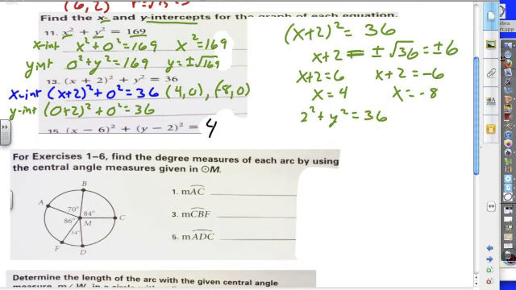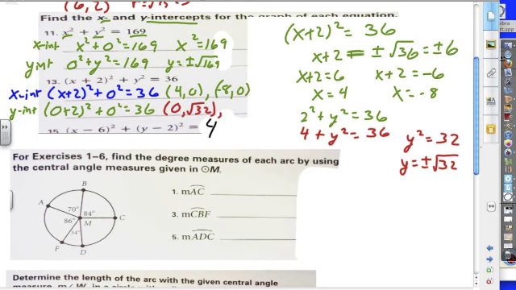So 4 plus y squared is 36. So that means y squared is 36 minus 4, or 32. So that means y has to be a positive or negative square root of 32. That doesn't have a nice whole number. I'm just going to leave it like that. So I have (0, square root of 32), or I have (0, negative square root of 32). Okay, nice and simple there, right?